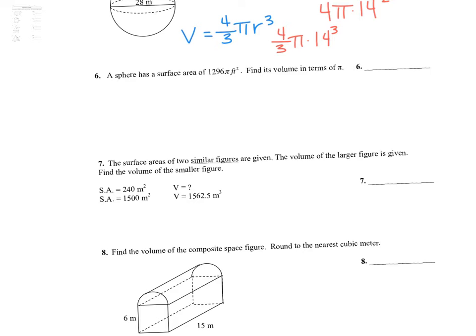A sphere has a surface area of 1,296 pi square feet. Find its volume in terms of pi. What do you do? You have a surface area, you want a volume.